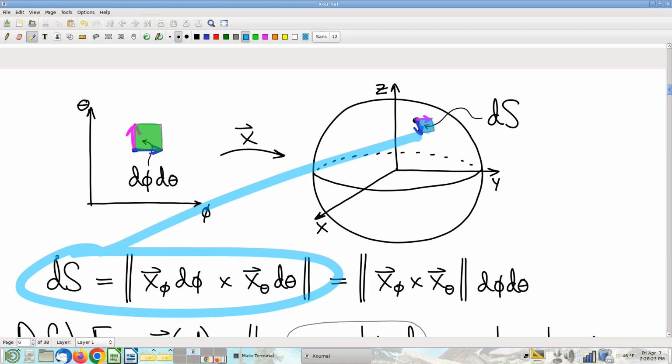The area of a parallelogram in 3-space is an old formula from Math 218 or early Math 219, however you want to think about it. It's the magnitude of the cross product of the edge vectors, and we already know those edge vectors from last time. That is that little purple vector there, and this is that dark blue vector there.